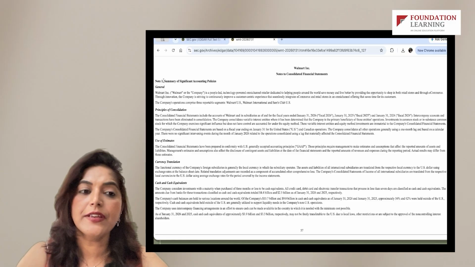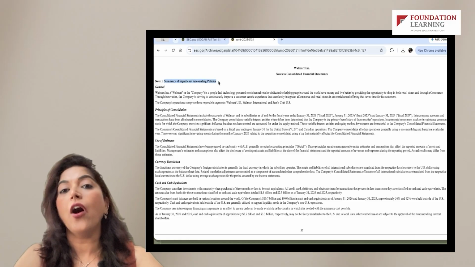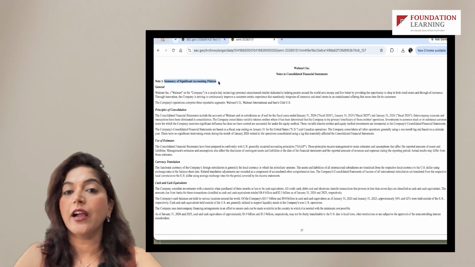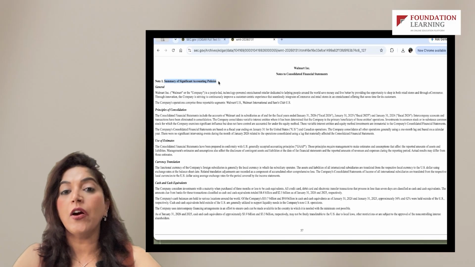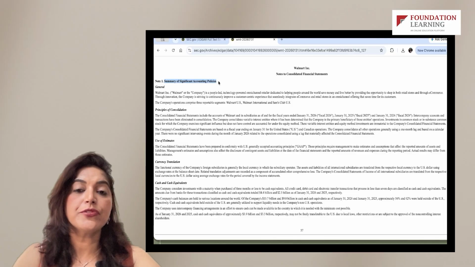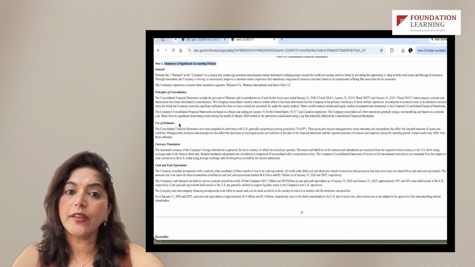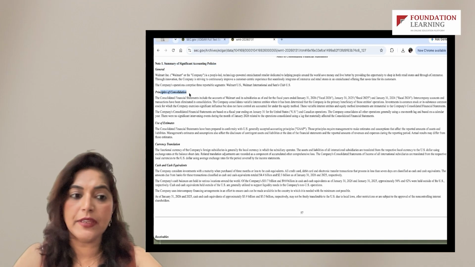Now, the first note in all listed companies' notes to financials is significant accounting policy. What are the accounting policies the company has used for valuation of its various line items in the financials? What are the principles of consolidation the company has used?